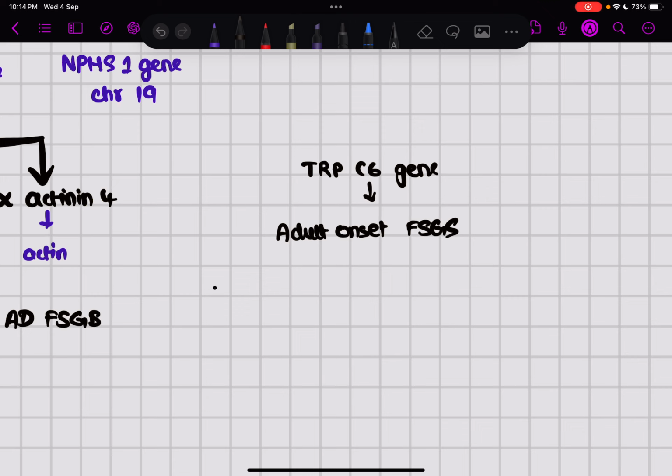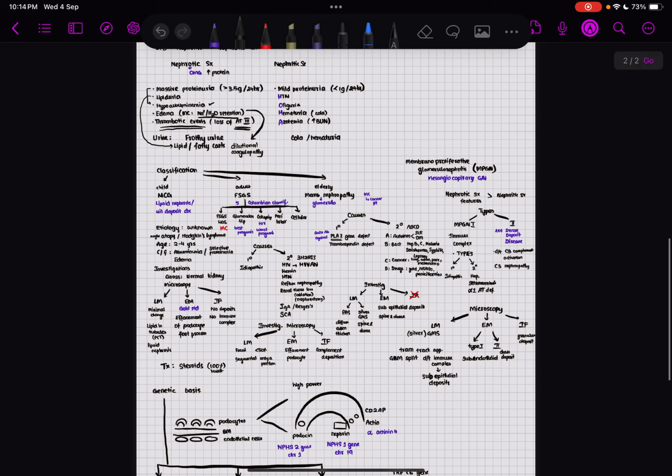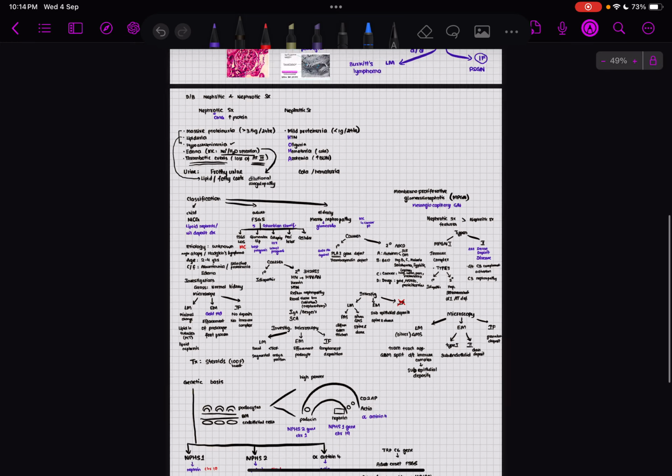And another one, APOL1 polymorphism, produces HIVAN. And that is it for nephrotic syndrome.